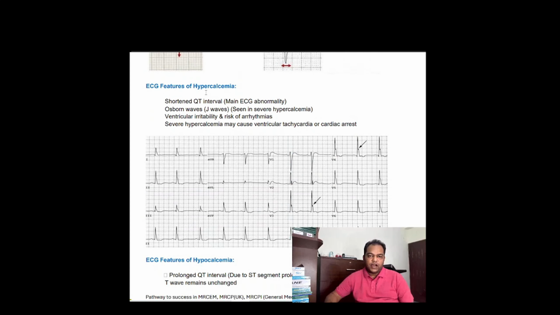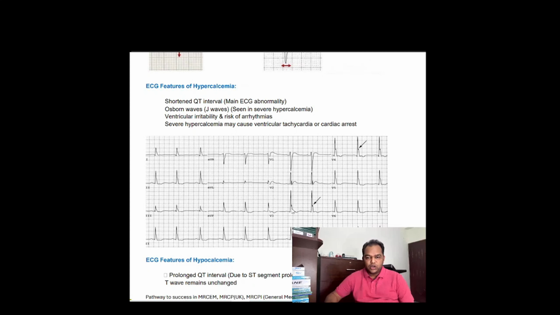In case of hypercalcemia, the ECG finding is shortened QT interval. That means this is the main ECG abnormality, short QT interval. And another important feature of hypercalcemia is Osborn wave or J wave. What is the J wave or Osborn wave?